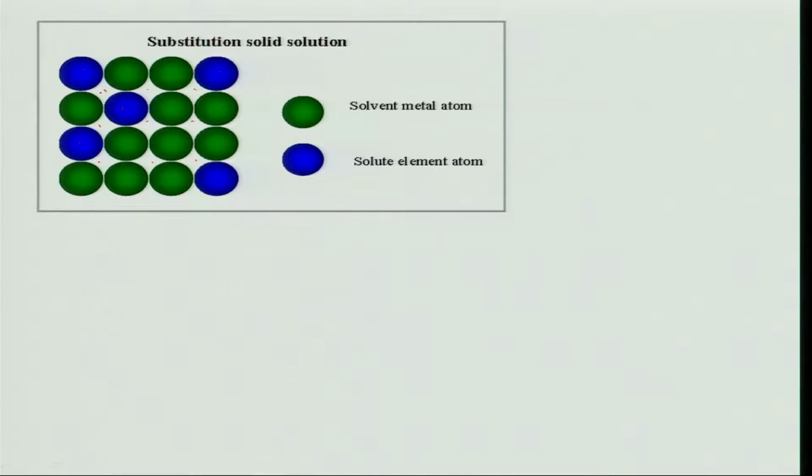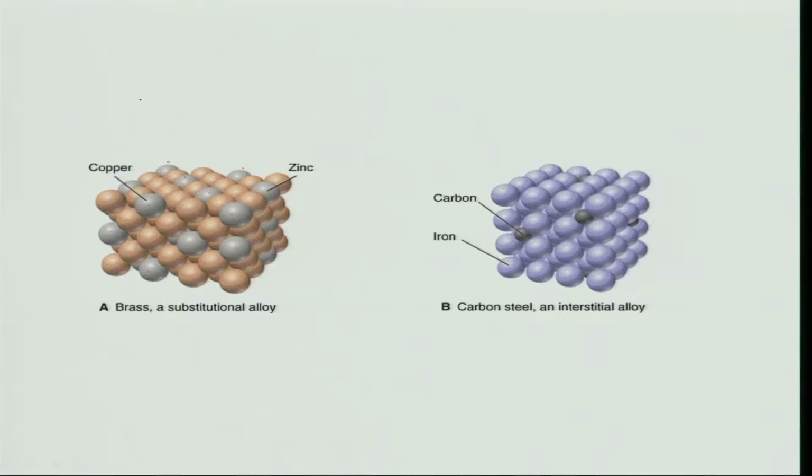Now if I have a small atom and I allow that atom to occupy this small space, I form what is known as an interstitial solution, and that is what is shown in the 3-dimensional diagram. This is BCC iron, alpha iron, and there are voids in that. You see carbon atoms are going to the voids. Our steel is like that. Steel is nothing but an interstitial solution of carbon in iron.